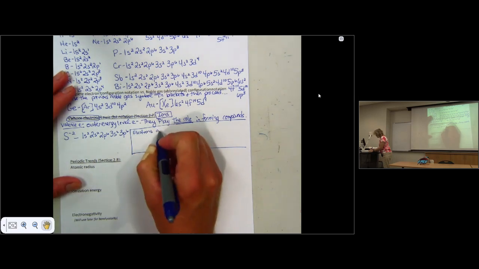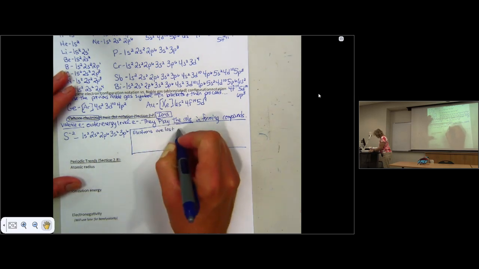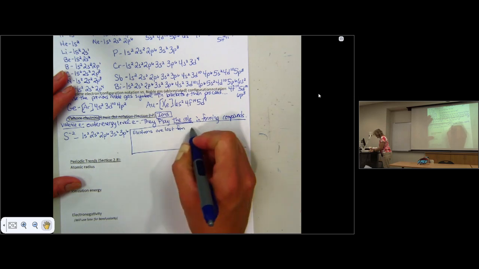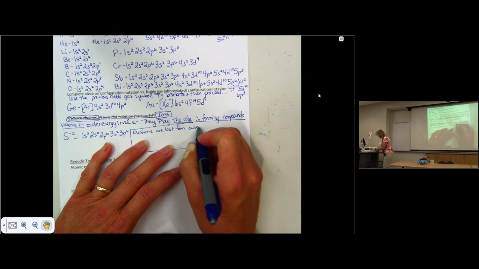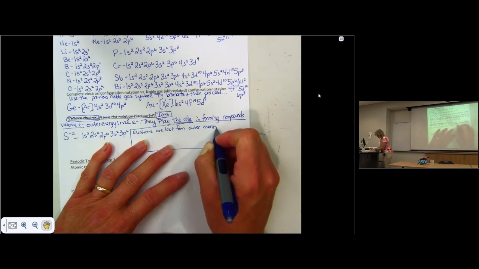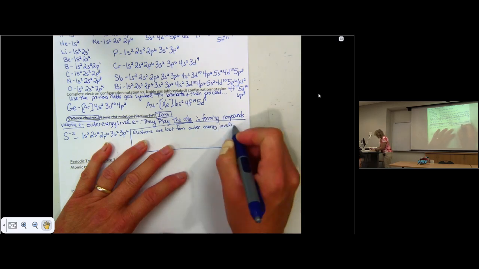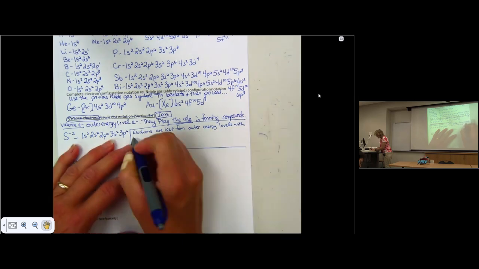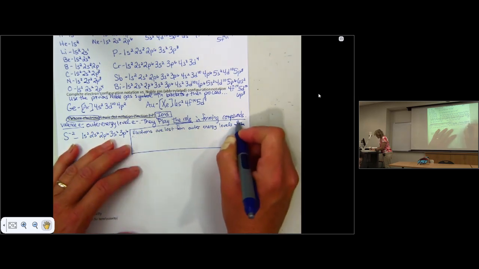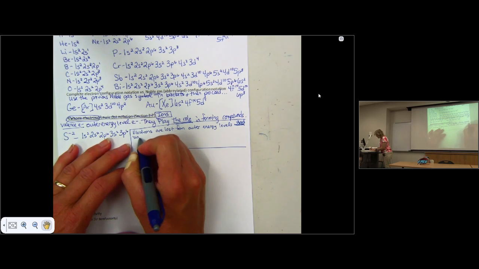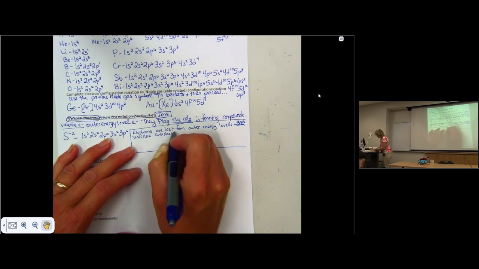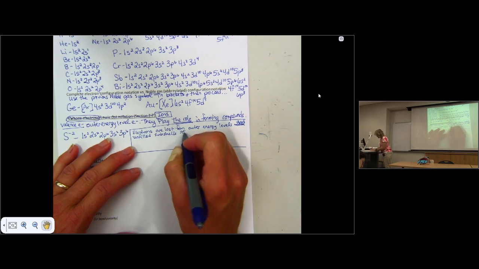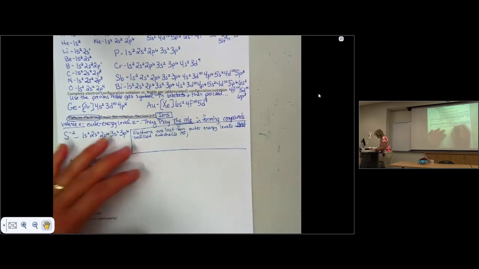In general, electrons are lost from outer energy levels and unfilled subshells first.